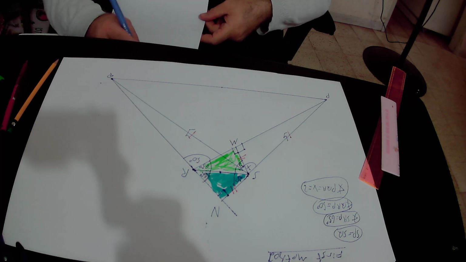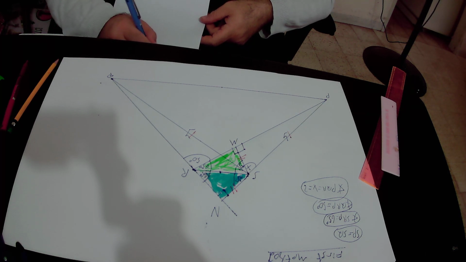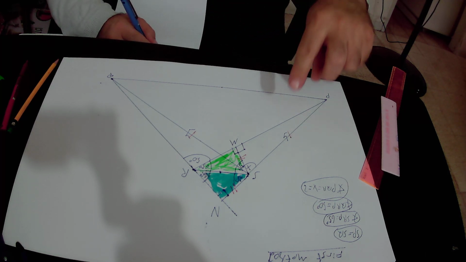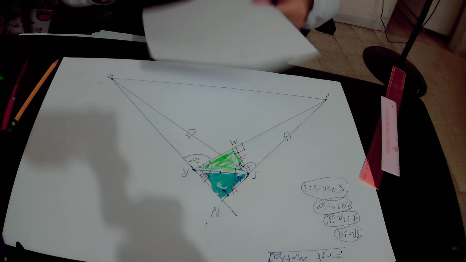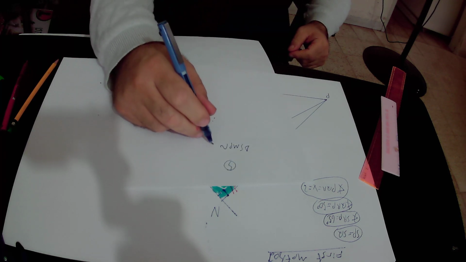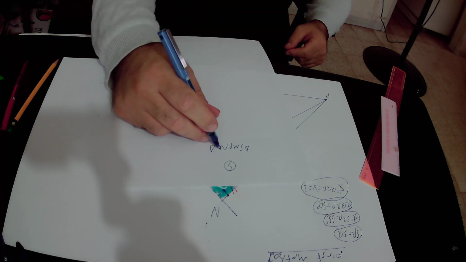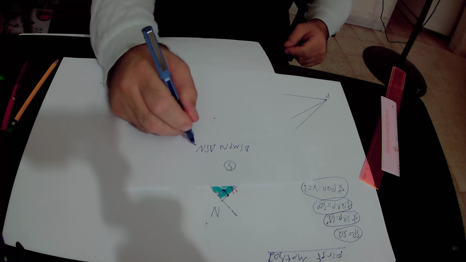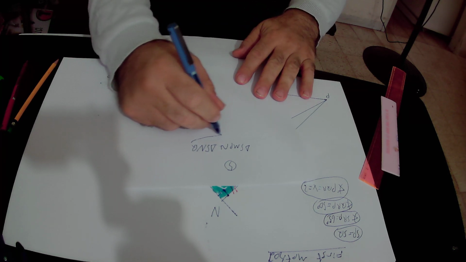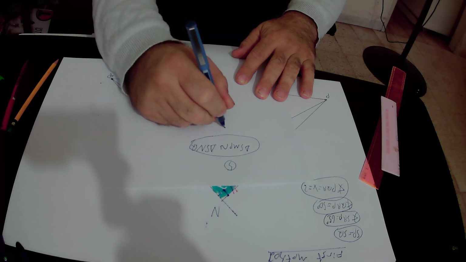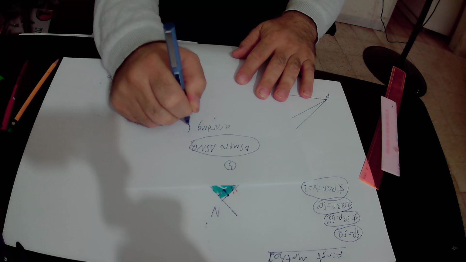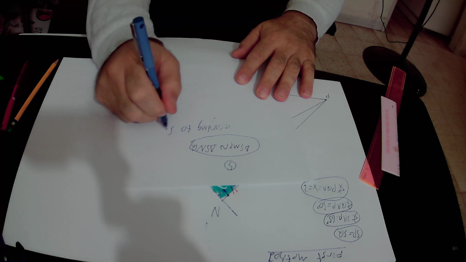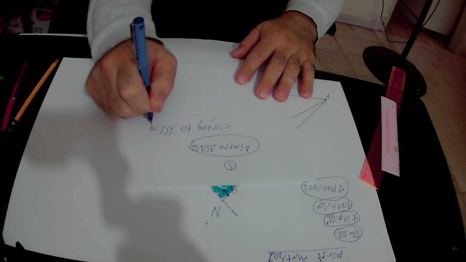Therefore, we proved that the right triangle SMP is congruent to the right triangle SNQ according to the side rule.